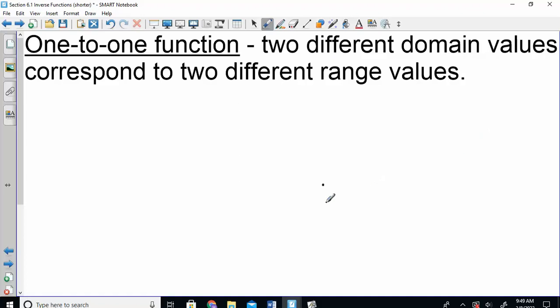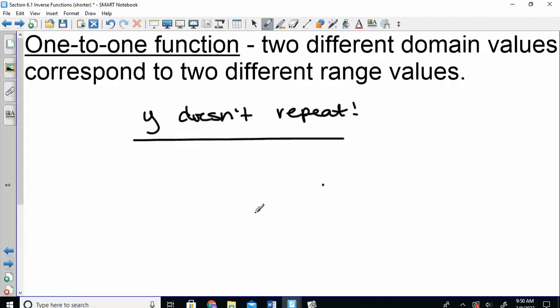In other words, we know if it's a function, x doesn't repeat. If it's one-to-one, that means y doesn't repeat. If you give me two different x values, they have to give you different y values. That's what makes it one-to-one.